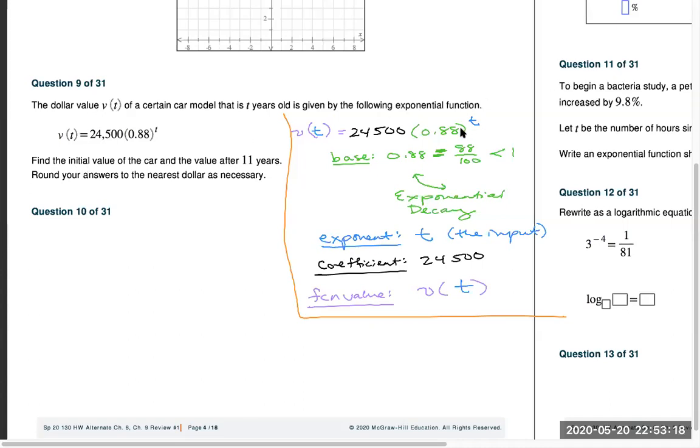Note that the dollar value is given as V of t. Okay. So this initial value you're looking for is going to be a y value. And then the value after 11 years, that's also going to be a y value. Just note that 11 years, that part's going to be your time.